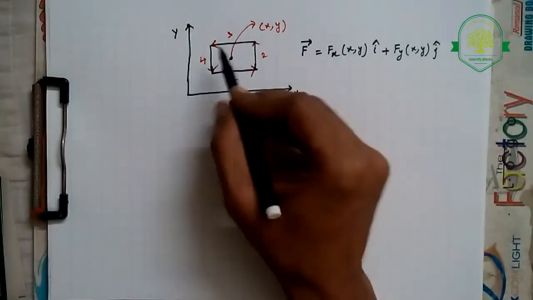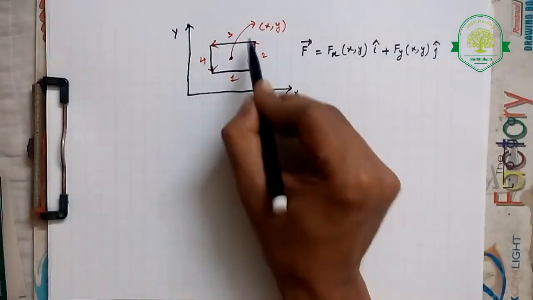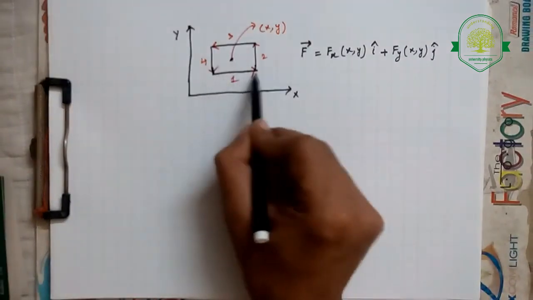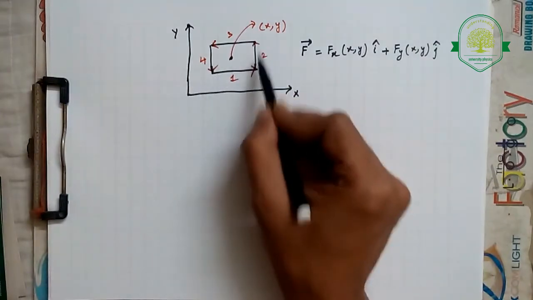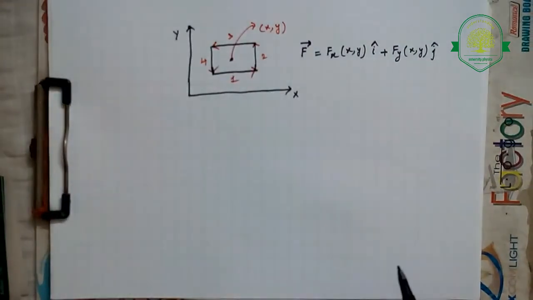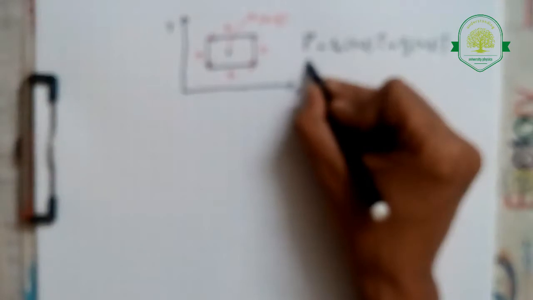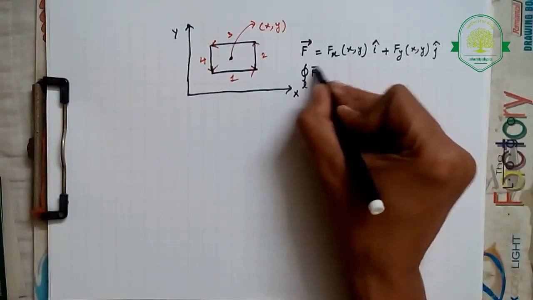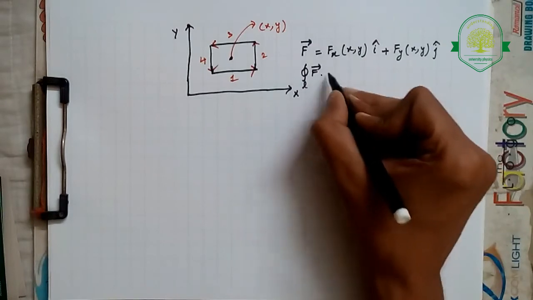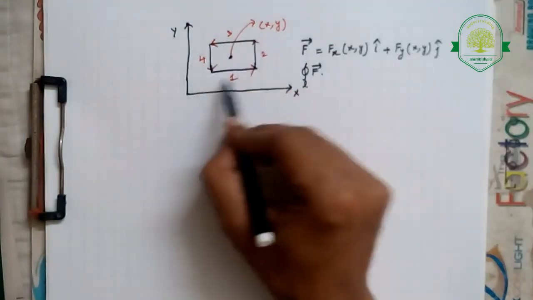We are considering the loop to be infinitesimally small, and this side, say, is just delta x and this side is delta y. So delta x and delta y are actually very small, and we have to find the line integral of the vector field f around this path.